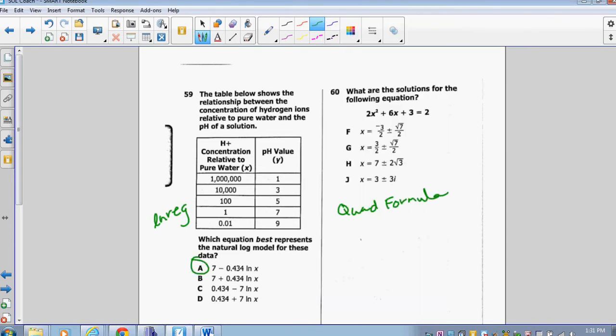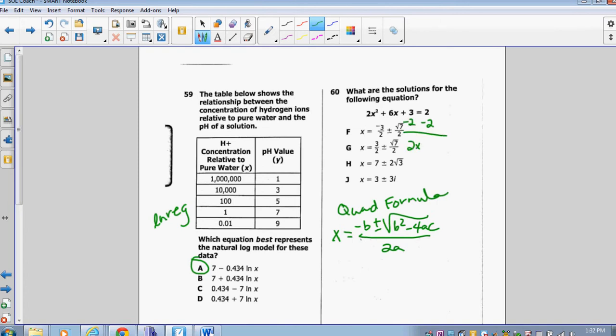Alright, so then for 60, you can find the quadratic formula on your formula sheet. Negative b plus or minus square root b squared minus 4ac all over 2a. And we'll plug our numbers in here. Oh, but before we can even start that, it has to equal 0, so I'm going to subtract 2 from both sides.